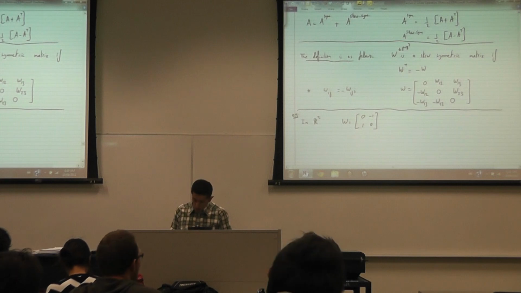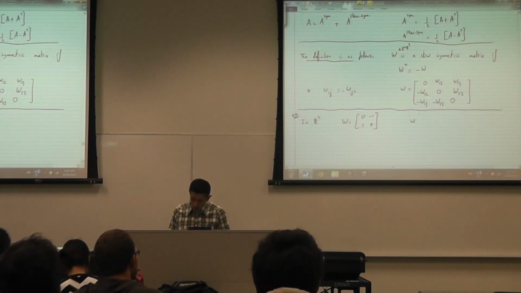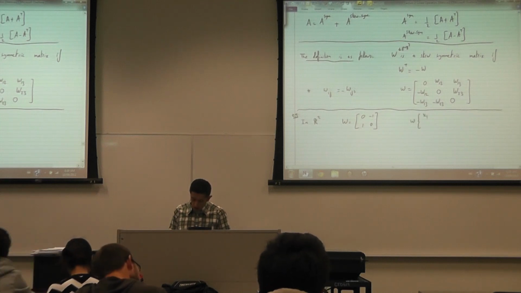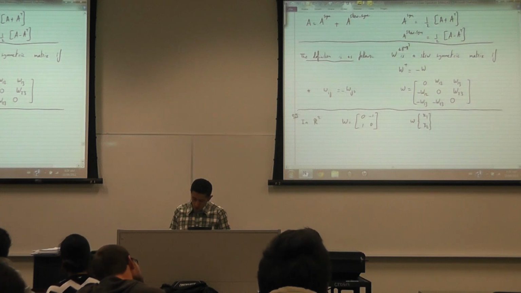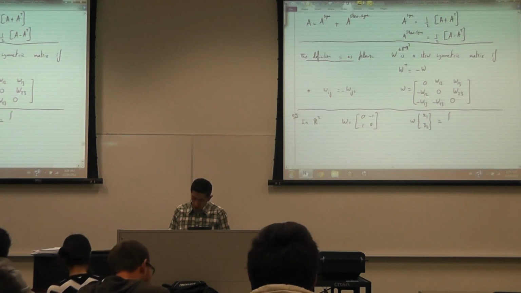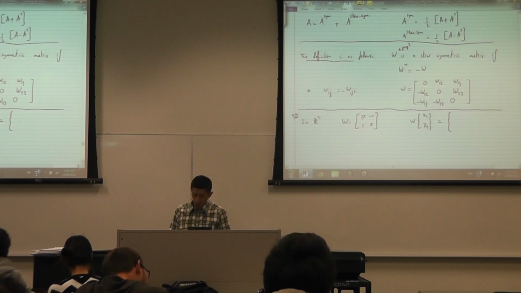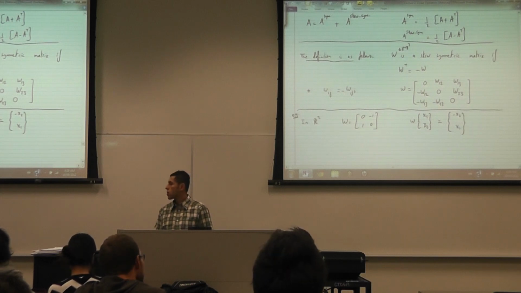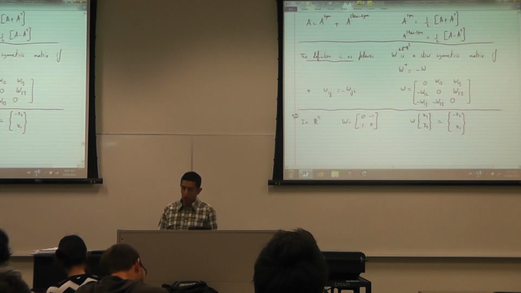And let's see what happens when I multiply W by X, where X is made out of X1 and X2. What will I get? Negative X2, X1. What is that? That's the vector that's actually perpendicular to the original one.